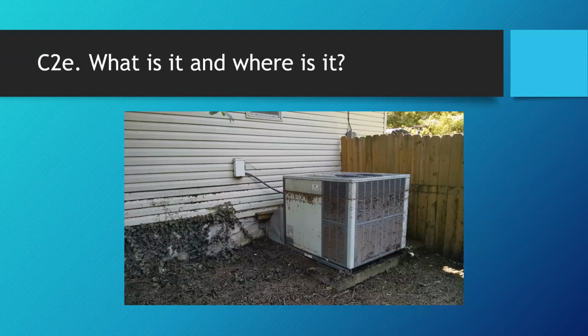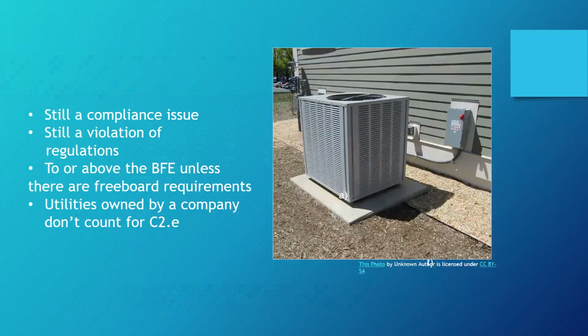So you can see in this one how the lowest floor is elevated, but the HVAC system was not. And this is still a compliance issue. It would still be a violation of regulations. And of course, this is completely separate from the machinery and equipment discount that people can get now. Again, this is to or above the base flood elevation unless you have adopted freeboard requirements.